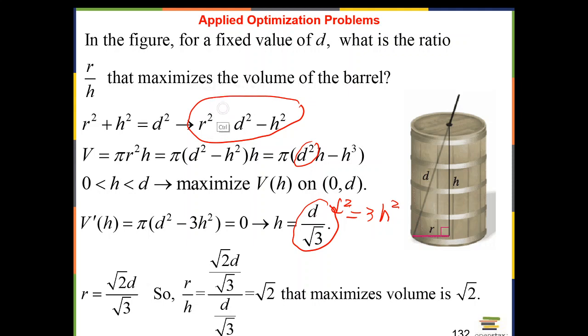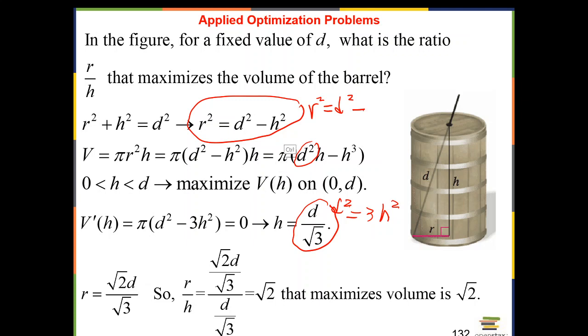So r, if we isolate, if we put h over here in terms of d, right? So if we put d over square root of 3 here, then r squared is going to be d squared minus what?